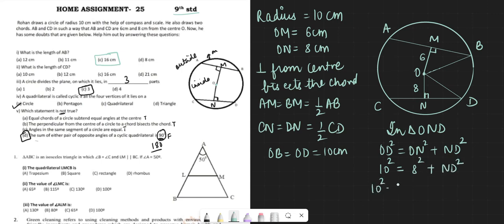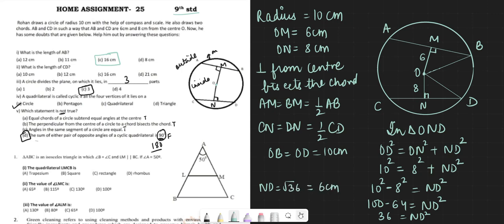So this will be 10 square minus 8 square is equal to ND square. 100 minus 64 is ND square, which is 36. So ND we know is the square root of 36, which is 6 centimeter. And obviously for CD we'll do twice of ND and it will be 6 times 2, that is 12 centimeter. For CD my answer would be 12 centimeter.